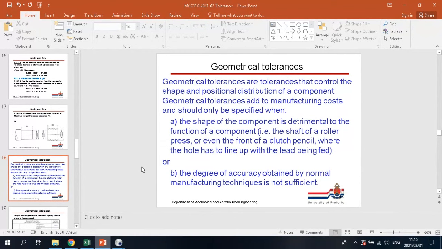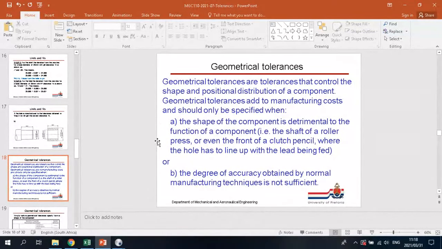So someone manufacturing something must be given a ballpark in which they can operate. So the diameter for the pen must be allowed to vary slightly, and the designer of the pen can actually specify the allowable variation.